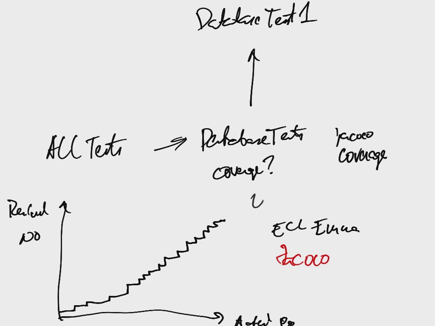So here for EclEmma this is covered lines, but for Jacoco it counts methods, and because number of methods is much smaller, then of course it goes up with much bigger steps, depending on how many methods you have.